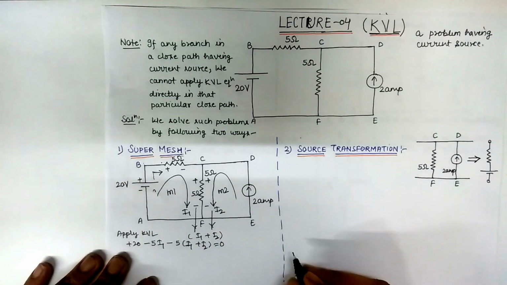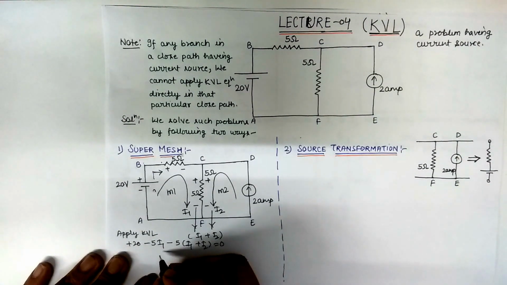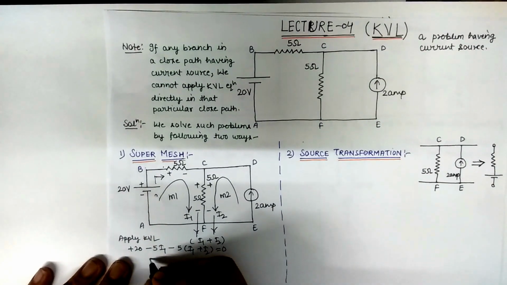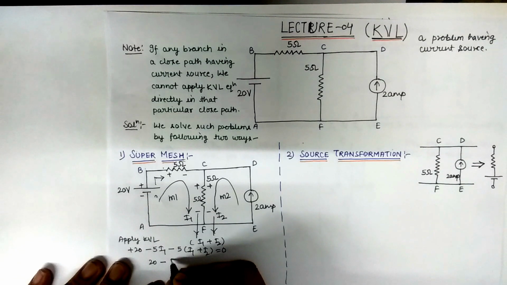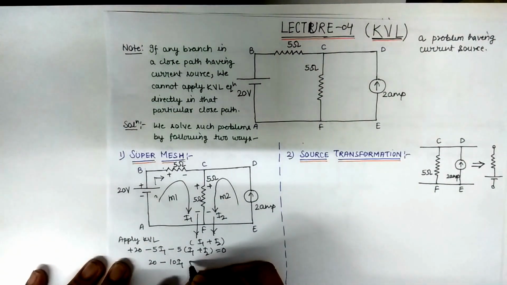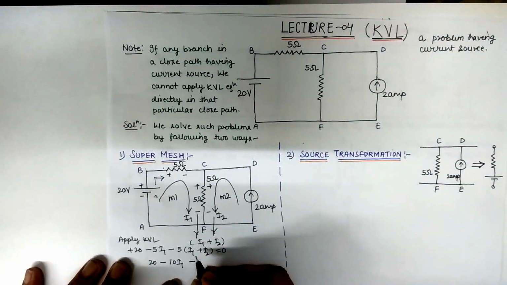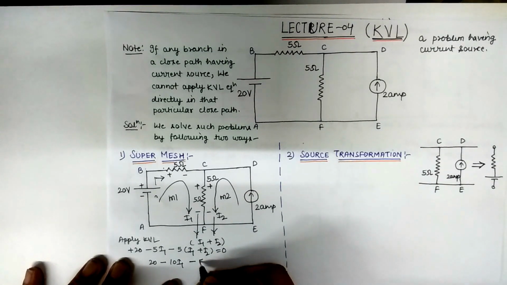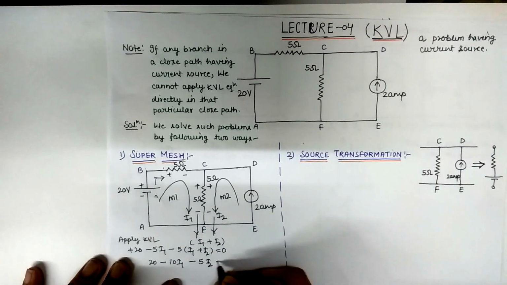So after solving this, we can say 20 minus 10 I1 minus 5 I2 is equal to 0.